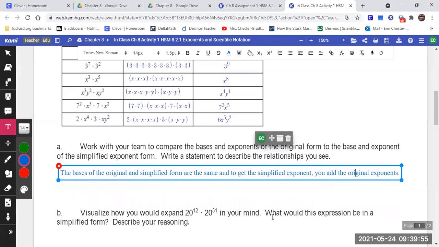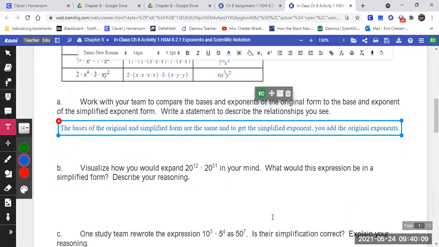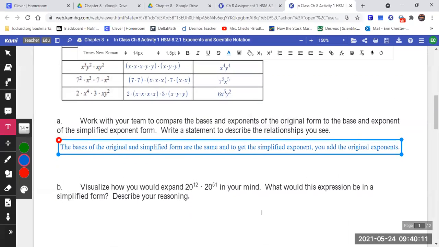Visualize. How would you expand 20 to the 12th and 20 to the 51st? That would be this big expansion mess, right? That would be a huge expansion mess. But we know a trick. What are we going to do instead of expanding it out and having all these parentheses and stuff?